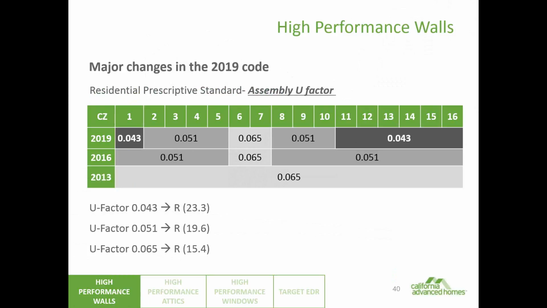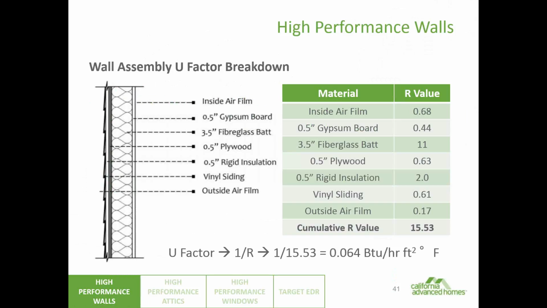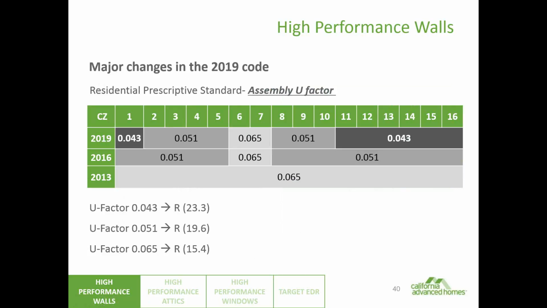And just to be clear, this R23.3 is not the insulation inside the cavity, right? This is the assembly U factor of the entire wall. There's a lot of different components in the wall assembly. They each have a small bit of R value, just even the air inside the house is considered some of the wall value, or adds to some of the U value.